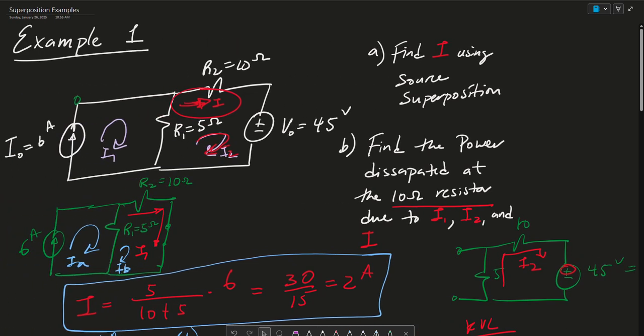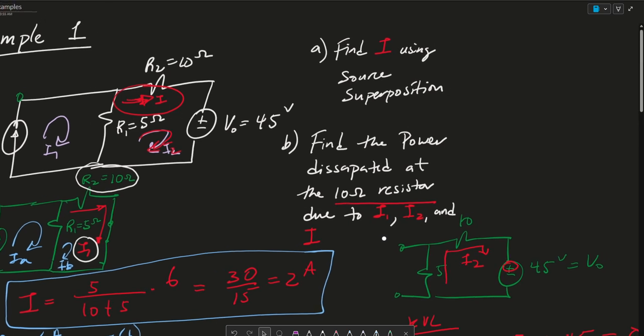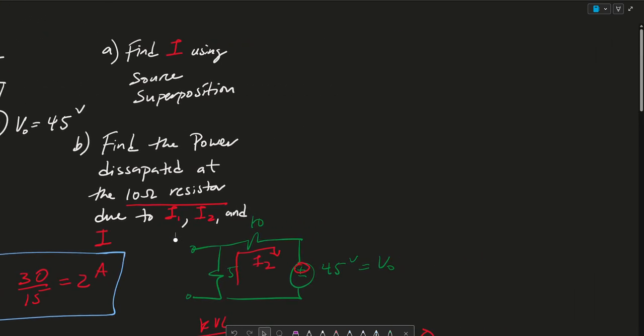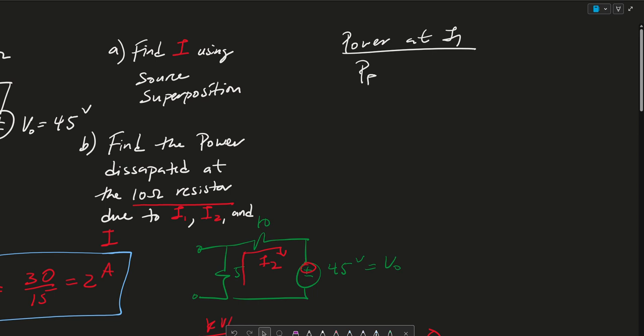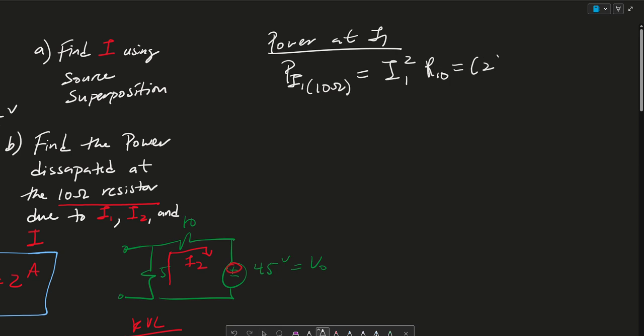So essentially, we say that I squared times R, where R equals 10 ohms, is equal to P1. So we could say power at I1, PI1 at 10 ohms, is equal to I1 squared times R10, which is equal to 2 squared times 10, which is equal to 40 watts.